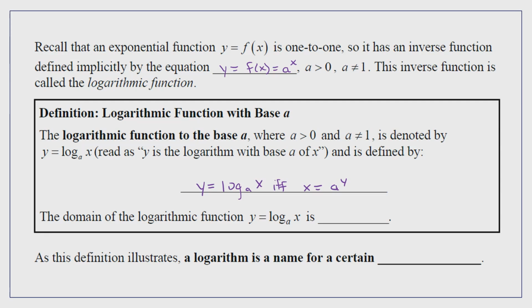The domain of the logarithmic function y equals log base a of x is x is greater than 0. So as this definition illustrates, a logarithm is a name for a certain exponent.